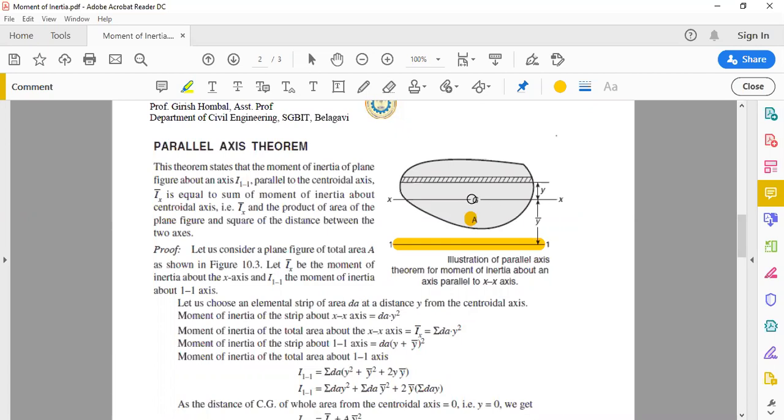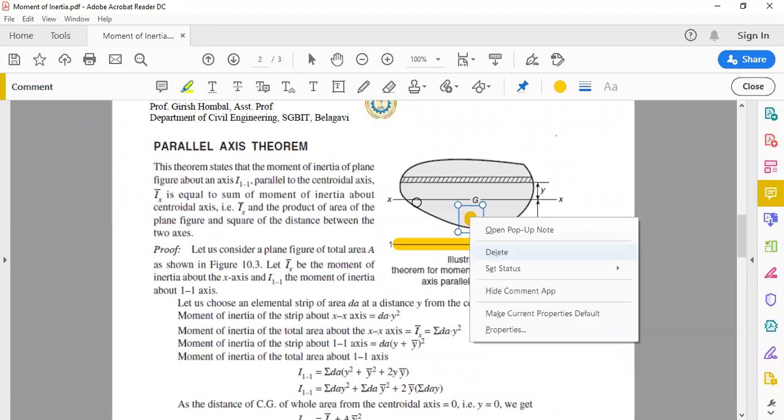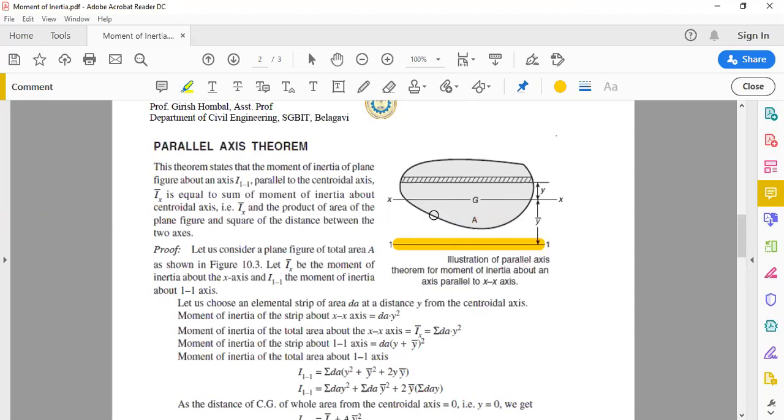So this point is to be noted, that in the parallel axis theorem we always have two axes, amongst which one of the axes will be passing through the CG, that is center of gravity. Now we see that the distance between these two axes is nothing but y bar.